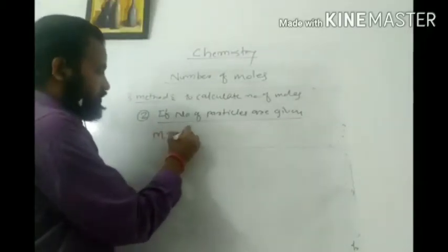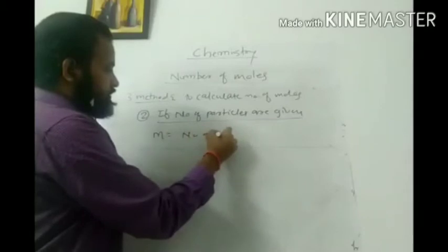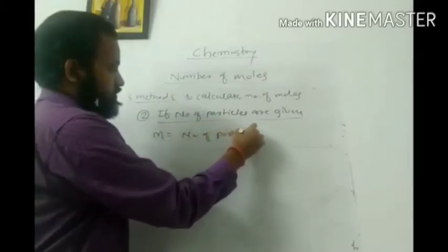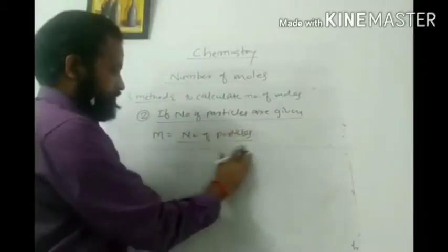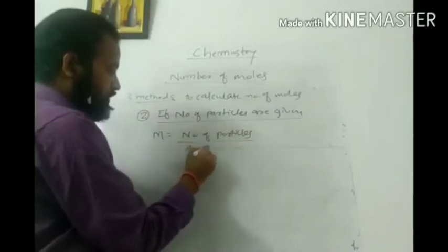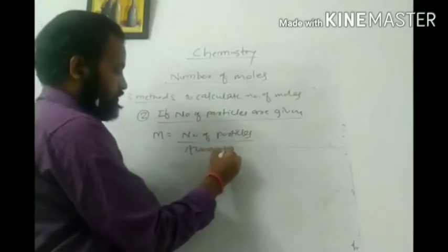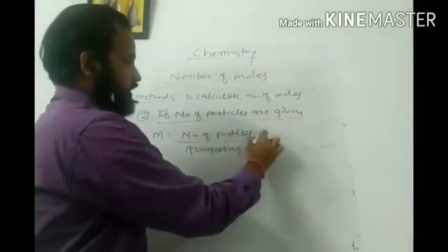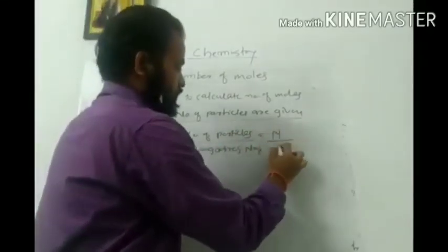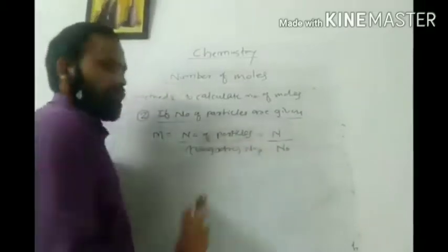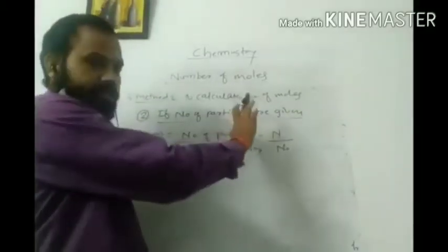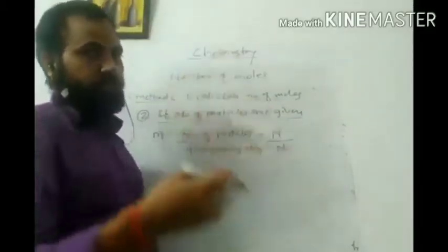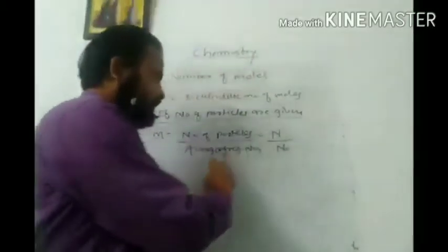Number of moles equals number of particles divided by Avogadro's number. You can write it as n upon n0, where n is the number of particles given in terms of molecules, atoms or ions, and n0 is Avogadro's number.